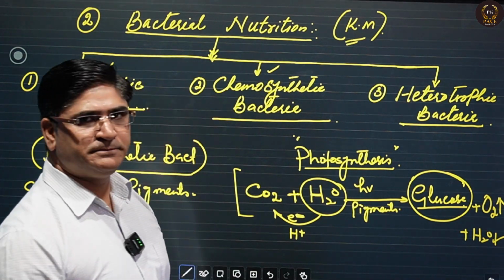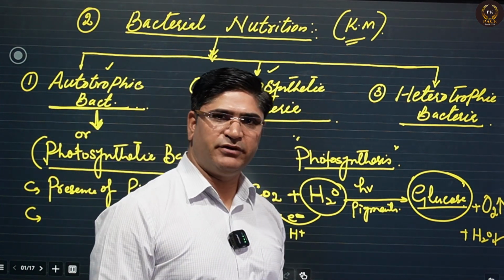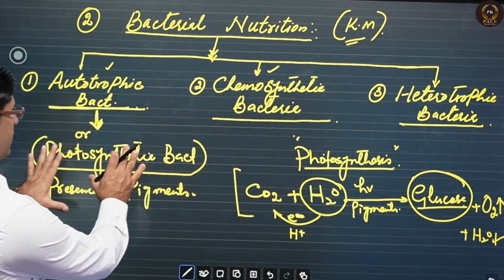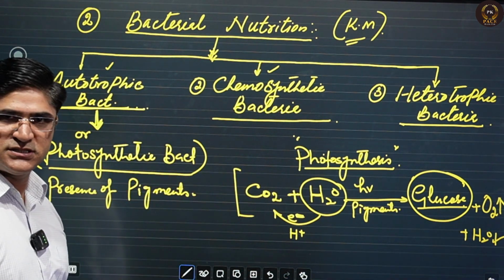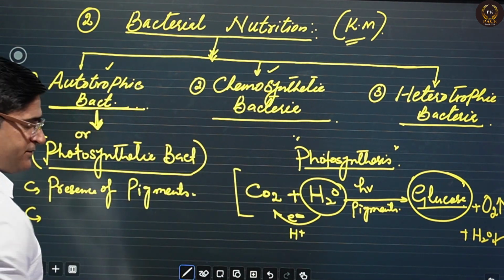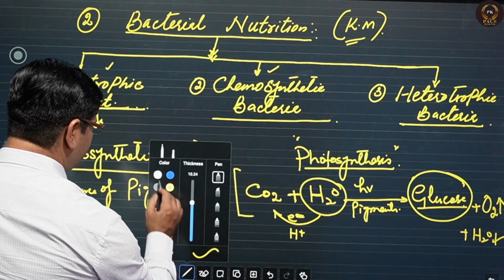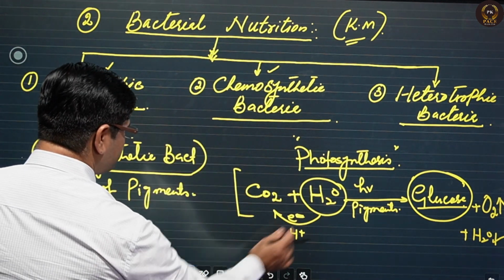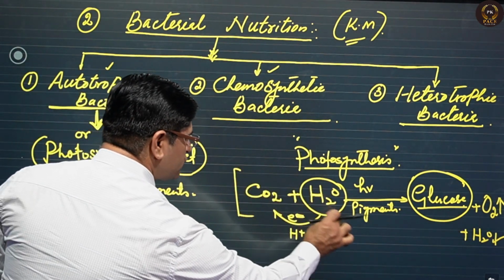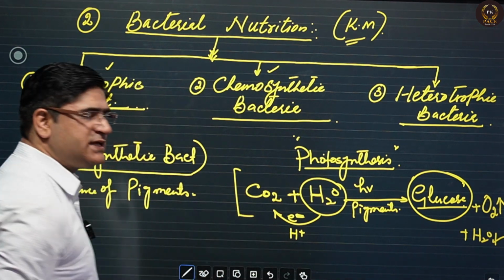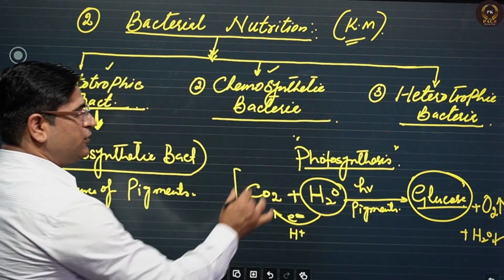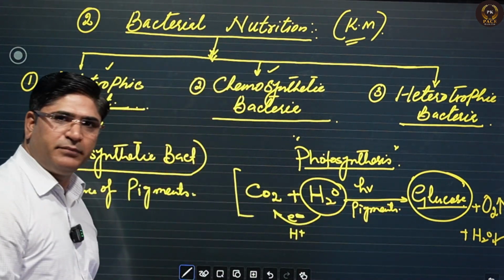Now, what is the difference between plant photosynthesis and bacterial photosynthesis? There is a difference. See here what is the difference. You have seen in normal plant photosynthesis that water functions as a reducing agent, which helps to reduce the carbon dioxide and convert it into the organic compound.